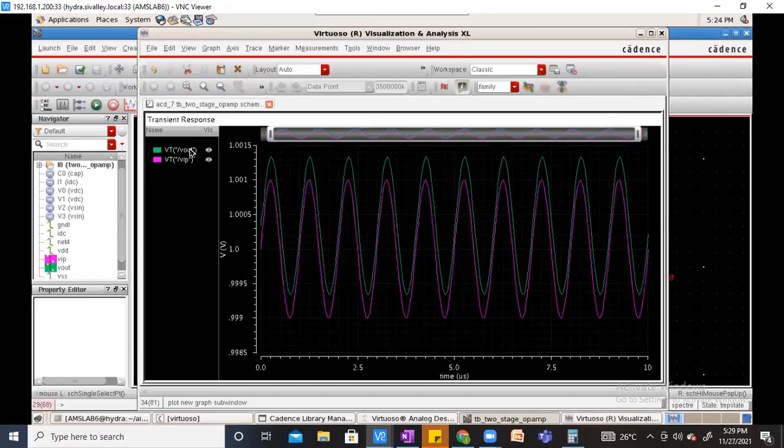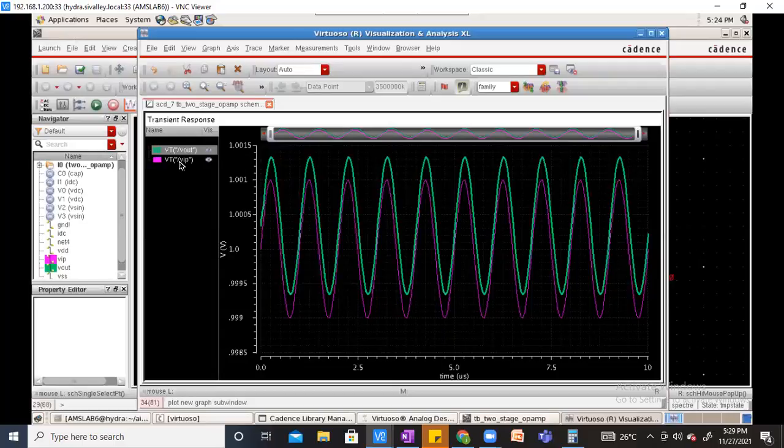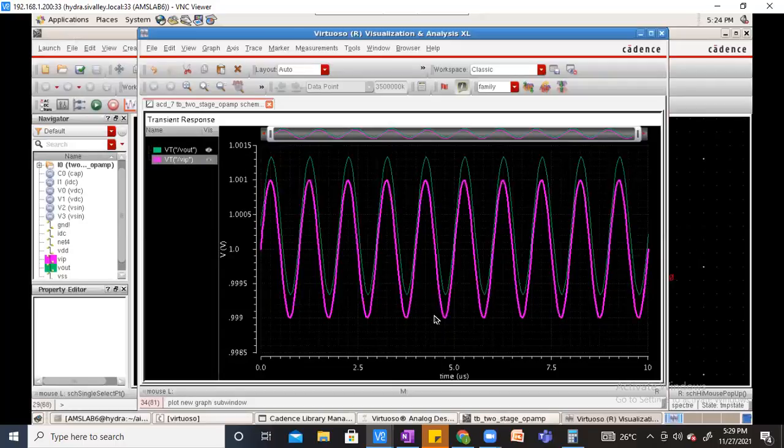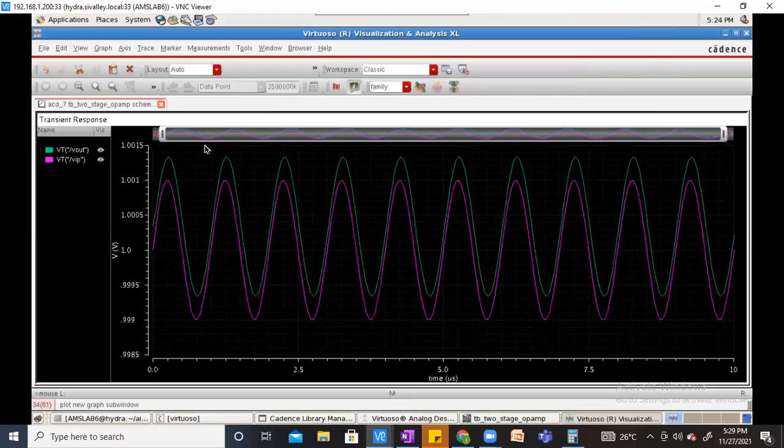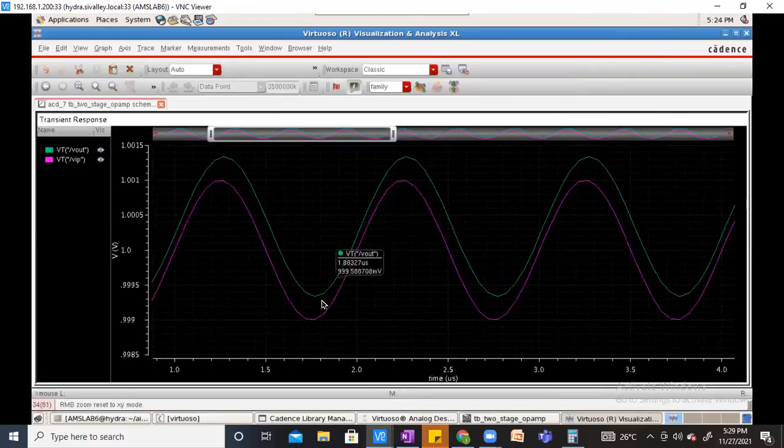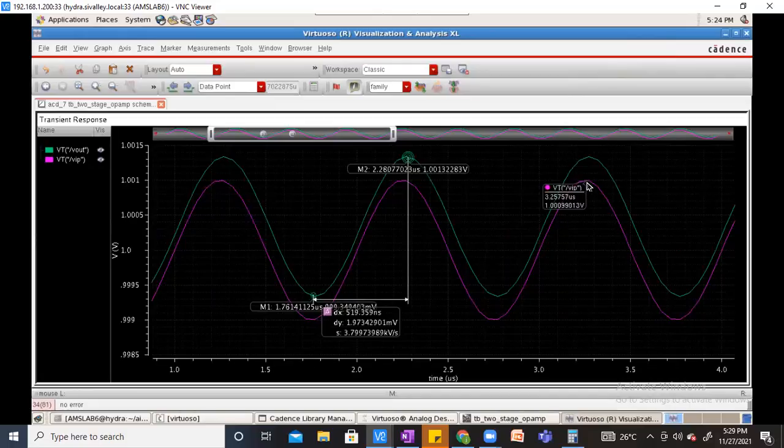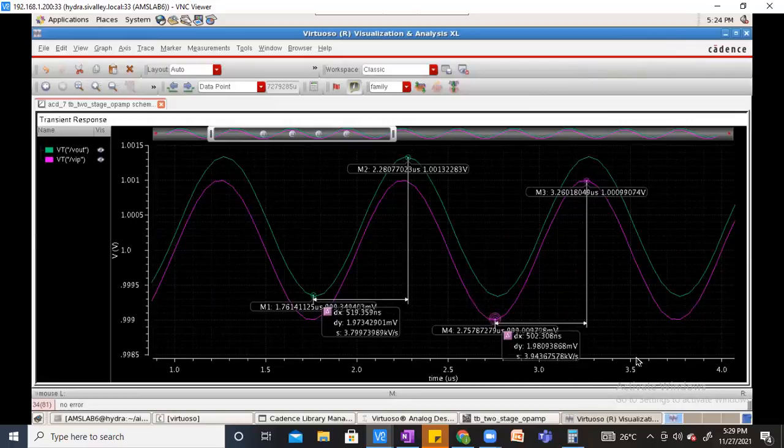Output is this. So we will see the peak to peak value. This is a transient analysis for a unity gain amplifier. The input is 1.98 milli, about 2 milli: 1 milli on the upper side and 1 milli on the lower side.